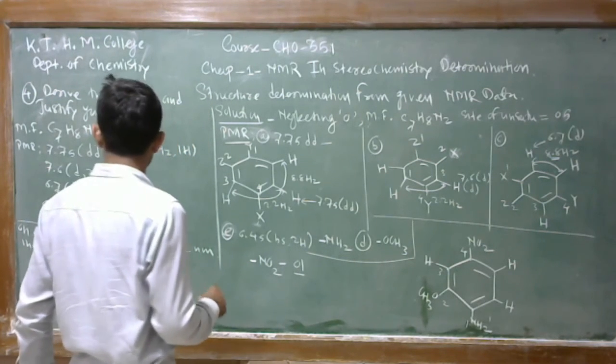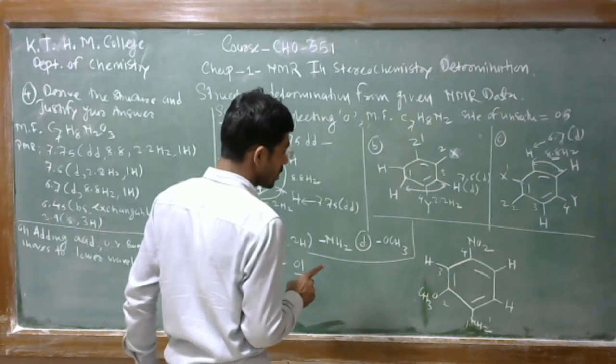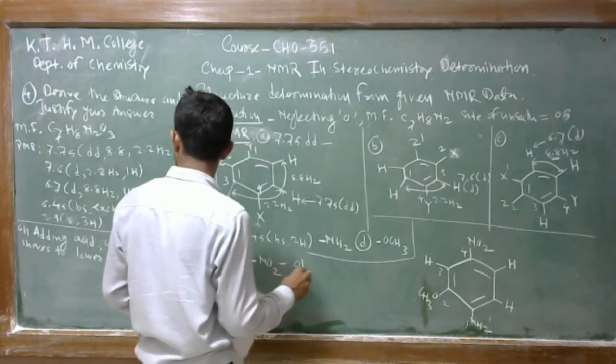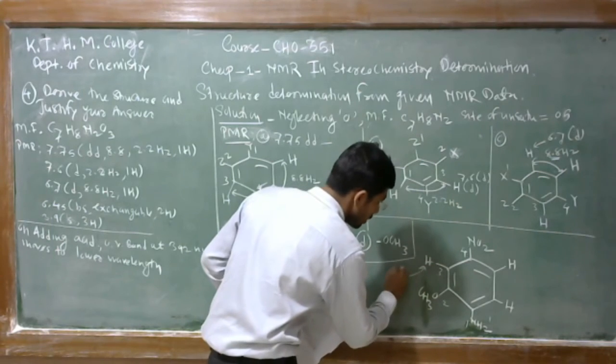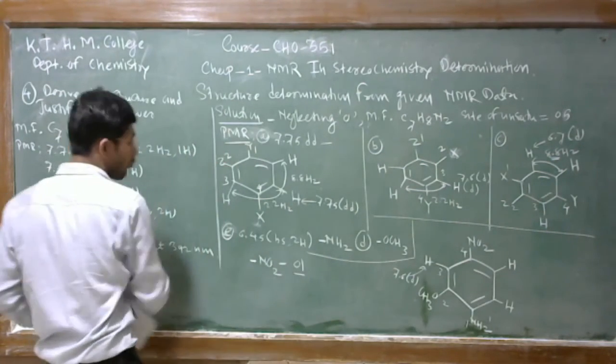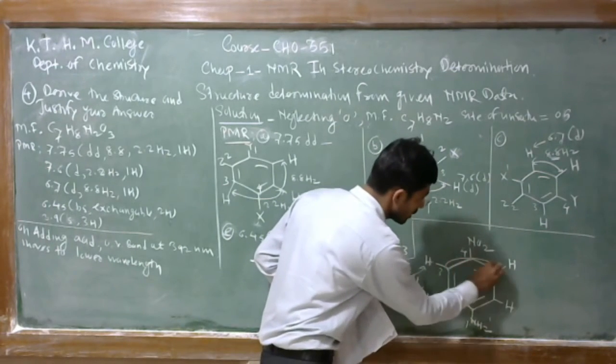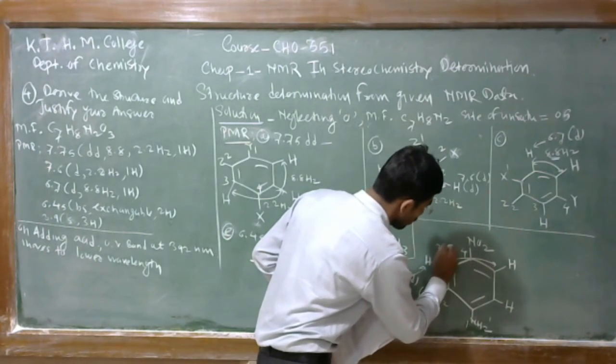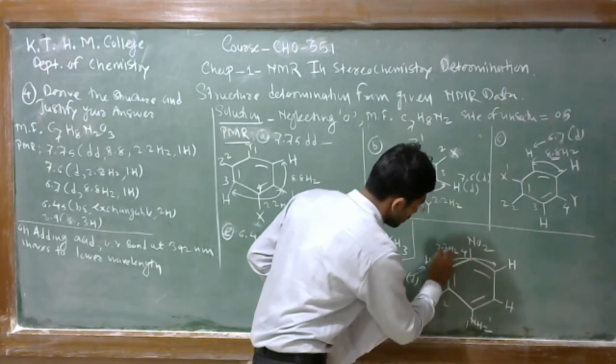So here one proton only shows which coupling? Meta, that is the 7.6. So this is 7.6 doublet, with 2.2. This proton only shows which coupling here? Meta coupling with 2.2 Hz like this.